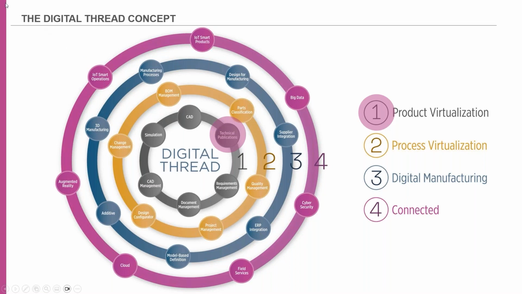These 4 rings are broken down by the manufacturing pipeline, with 1 being product virtualization, and 4 being all the way through how you're going to connect your products. Today, we are looking at technical publications, which falls within the product virtualization ring.